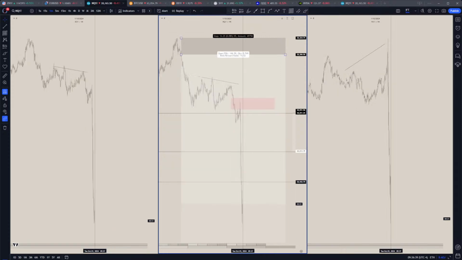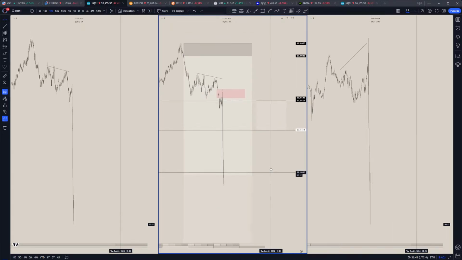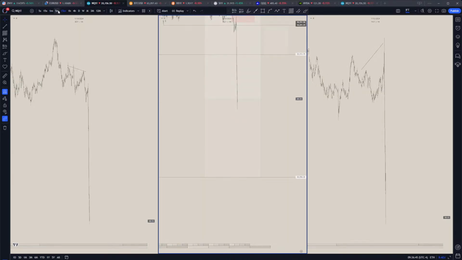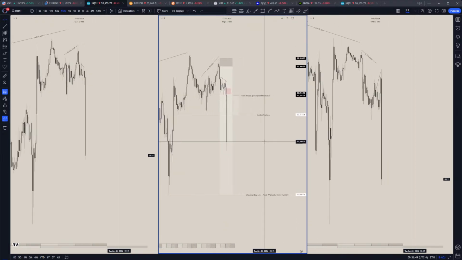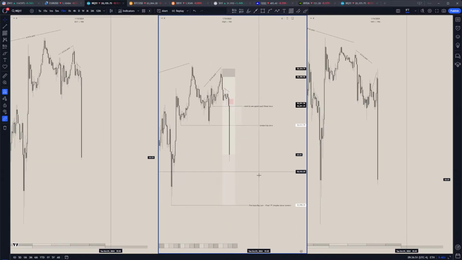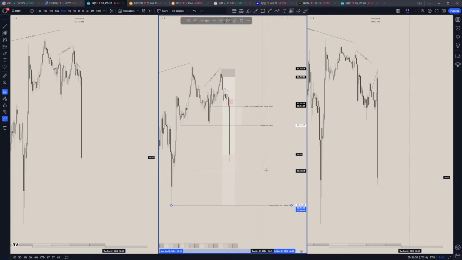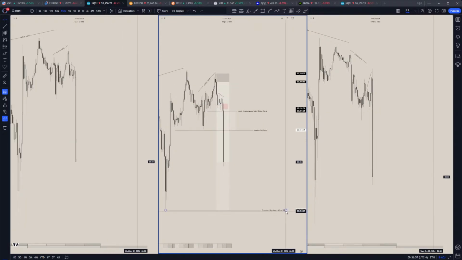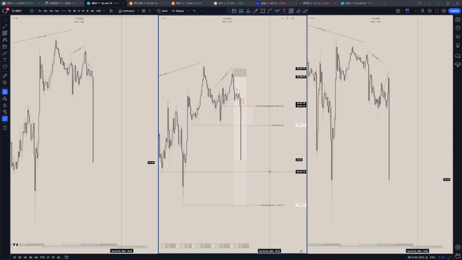That's 100 points of profit right there. So now I only have one more contract in, so this is just my final TP right here. And then I'll be pretty satisfied on the day. Can't complain.